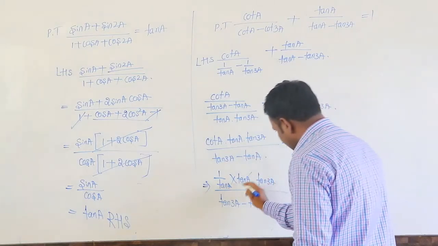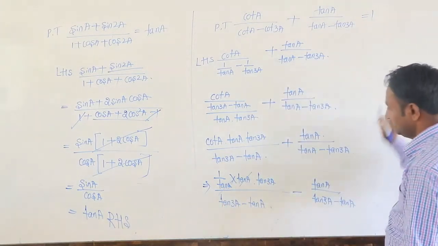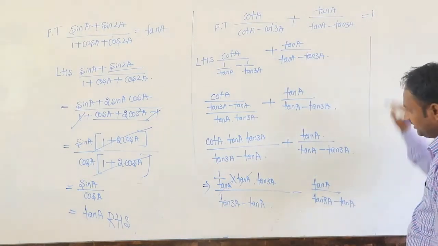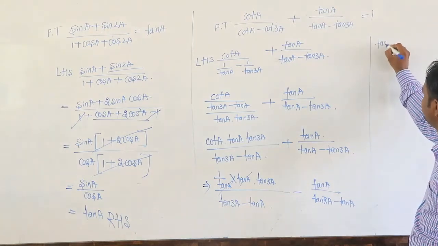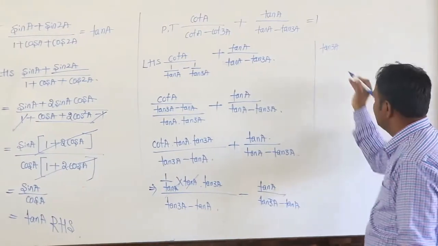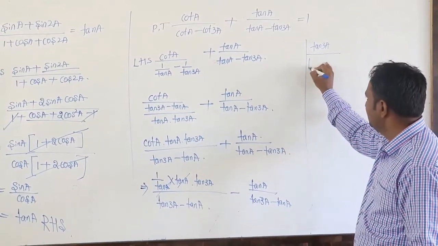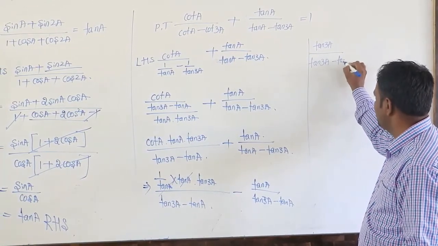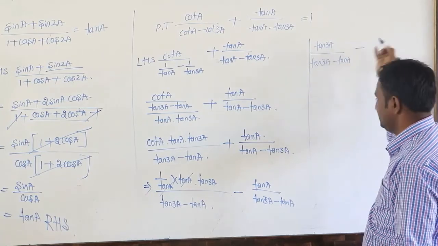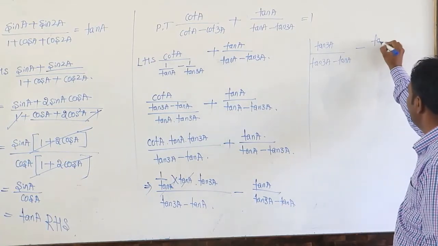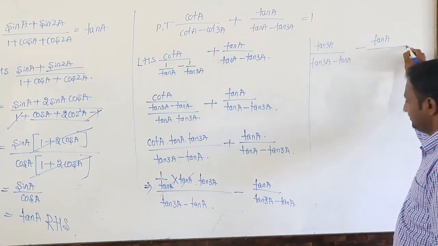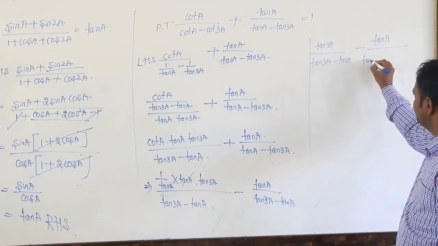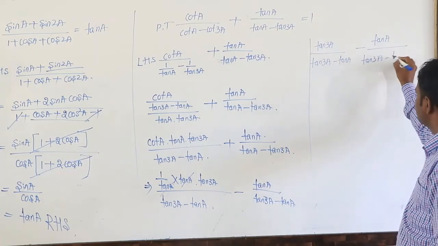Here tan a gets cancelled, remaining tan 3a divided by (tan 3a minus tan a) minus tan a divided by (tan 3a minus tan a).